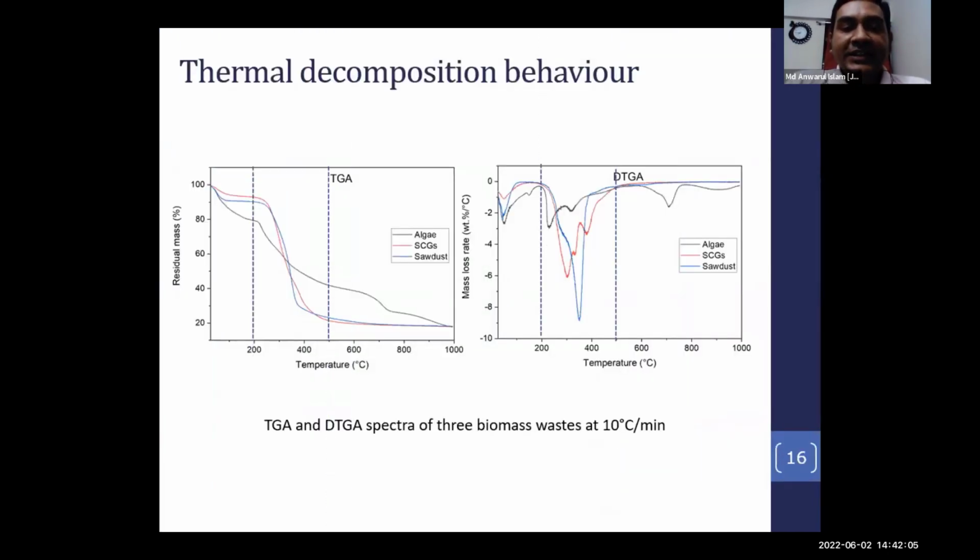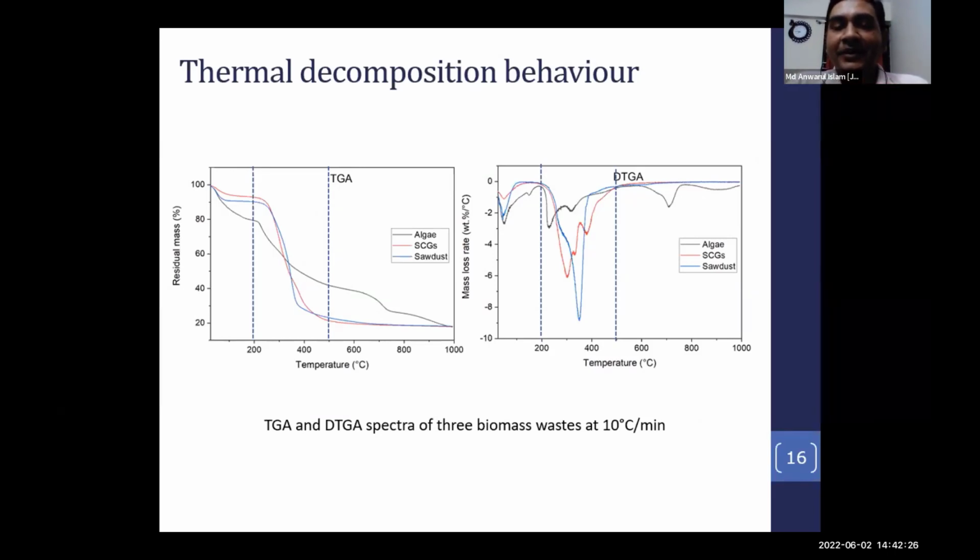Now, I did the thermogravimetric analysis, and as you can see from the thermogravimetric and derivative thermogravimetric analysis, there are three different decomposition zones. Among the three biomasses, sawdust has given the simplest decomposition curve.